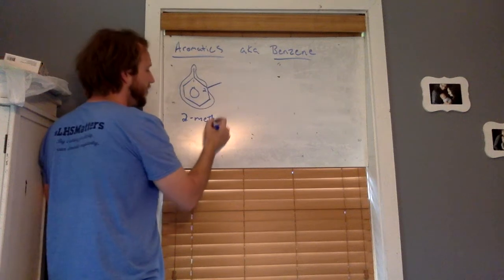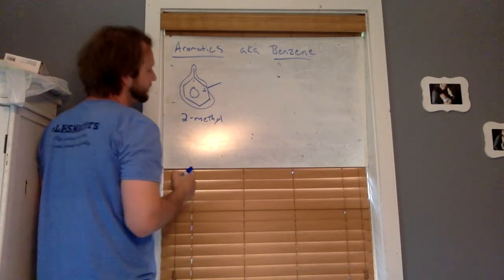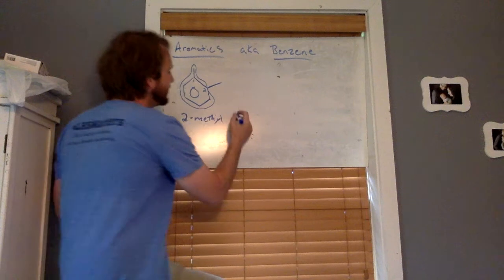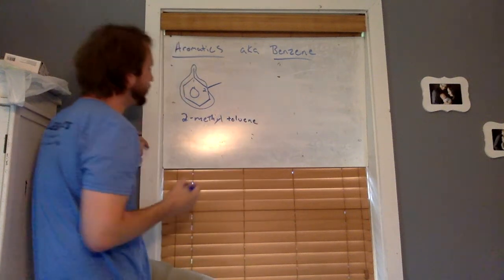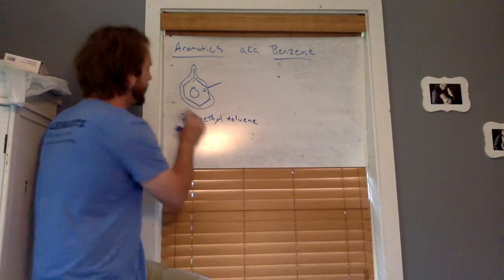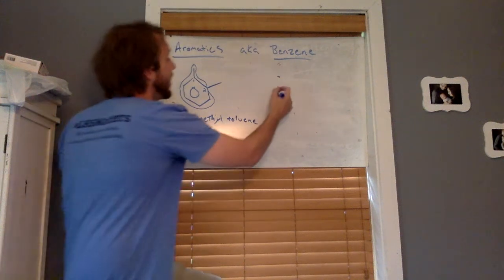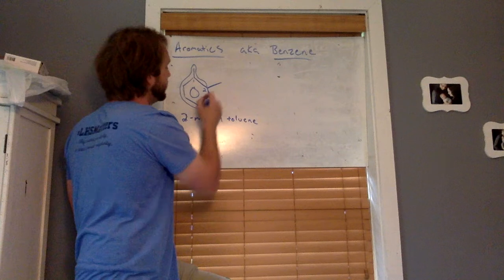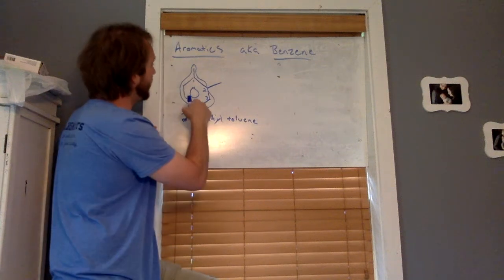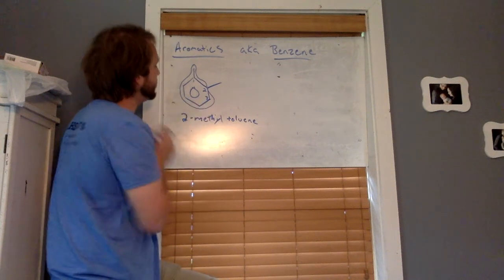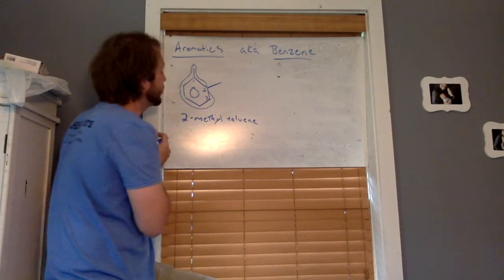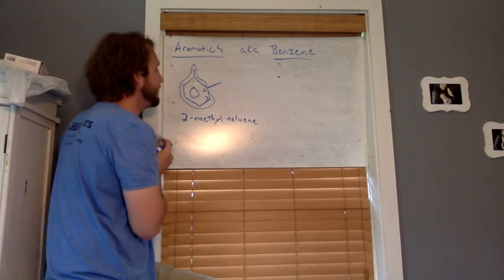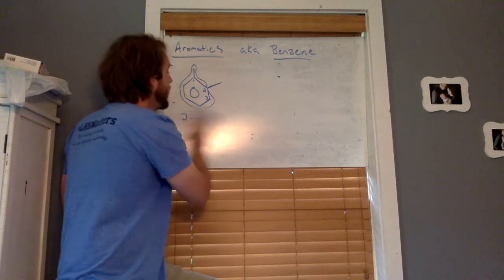This would be 2-methyl toluene. That's how you would start to write that. You could also have it on the third position. That'd be 3-methyl toluene. You could have it on the fourth position, and it would be 4-methyl toluene. And so depending on where that extra functional group is, you just adjust that methyl value appropriately.